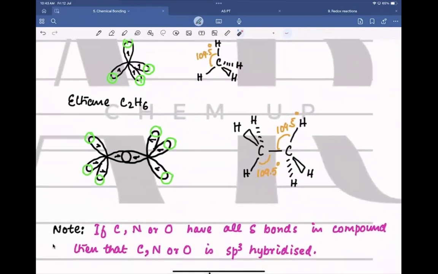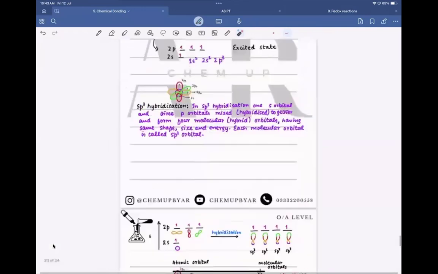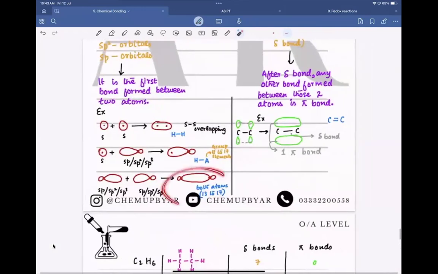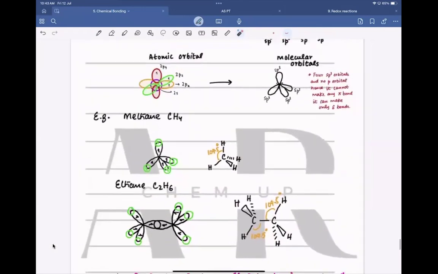Now have a look at ethane. See, both the carbon atoms first form sp3 orbitals, then one of its sp3 orbitals, which I have highlighted, is this case. Yes, sir. Is it understandable or not? Yes, sir.